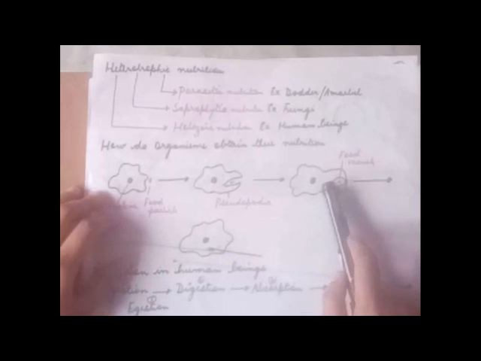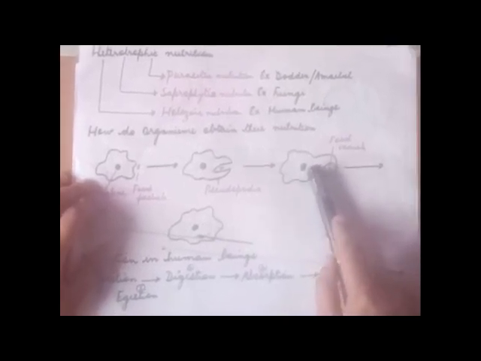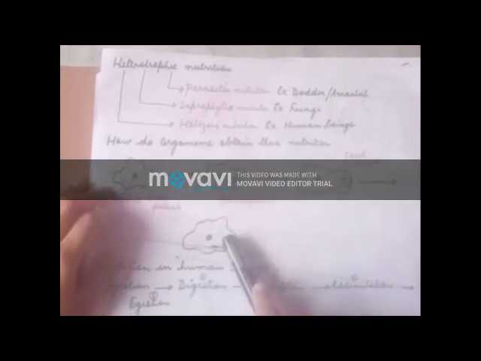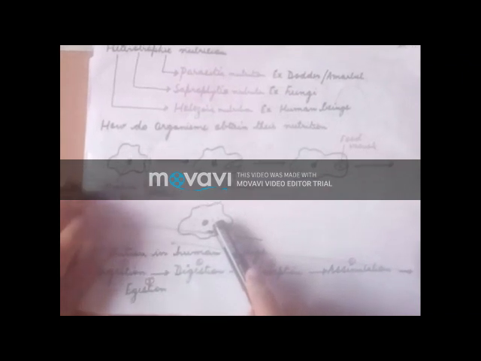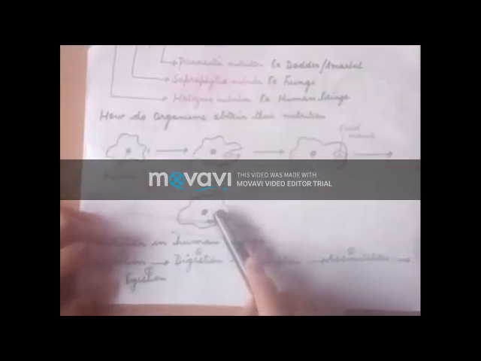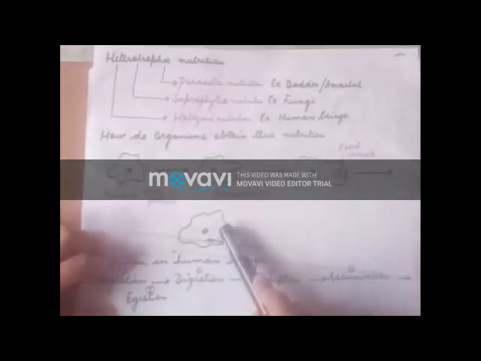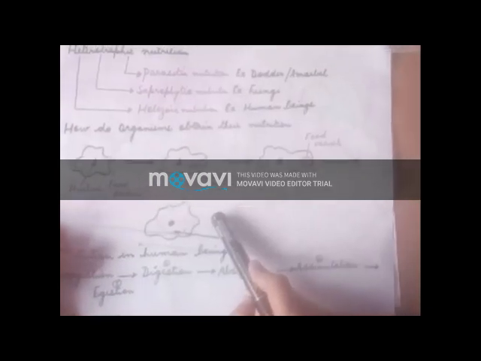And then the important substances diffuse into the cytoplasm of the amoeba. These are the 4 steps involved in taking nutrition in amoeba. This is also known as holozoic nutrition.